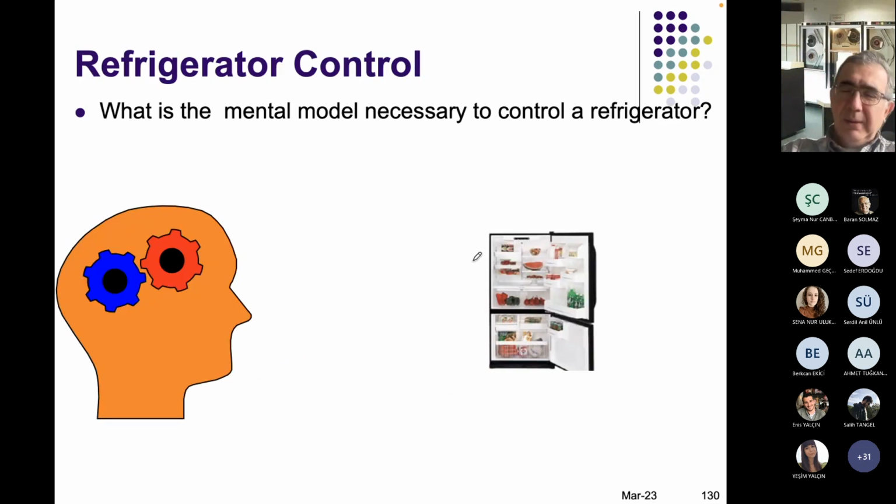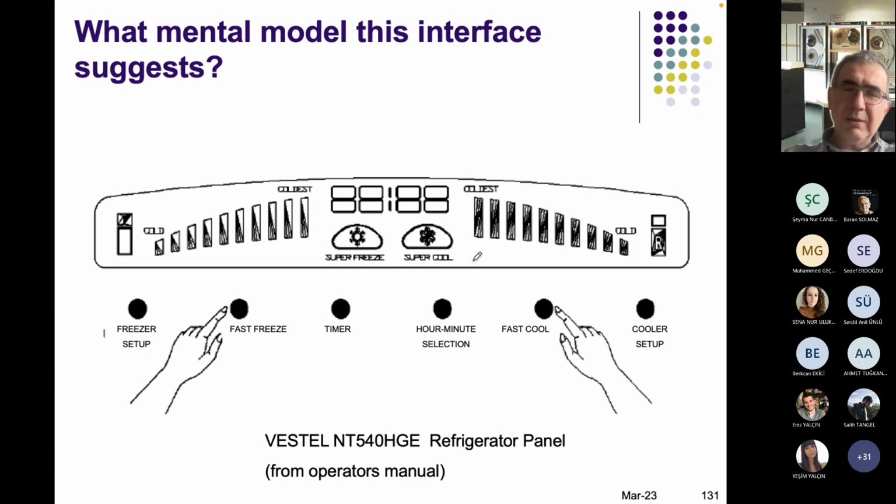There is one example from Turkish refrigerators, and this is also available in Donald Norman's book with other types of refrigerators. So how do we control the refrigerator? This is what one model of the Vestel looks like. On the left, there is a freezer control. On the right, there is a cooler control.